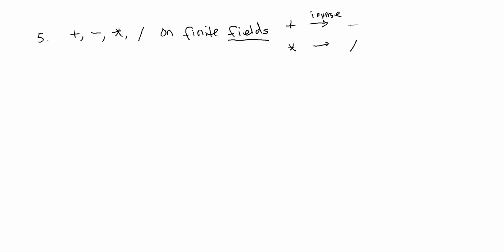Okay, so for instance, the unit for multiplication will be 1. For plus and minus it will be 0. So it's a unit. So let me put it here. Unit. So this will be 0, this will be 1.